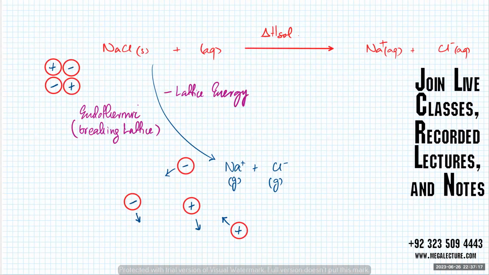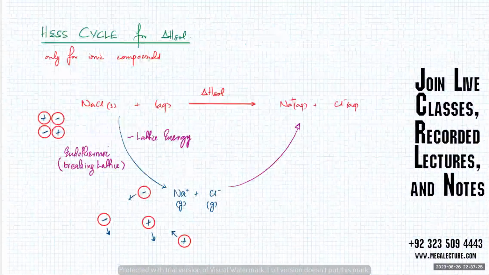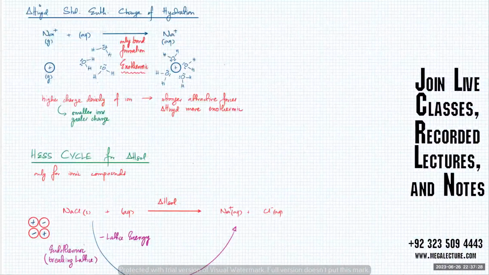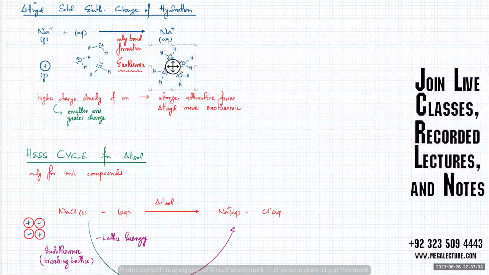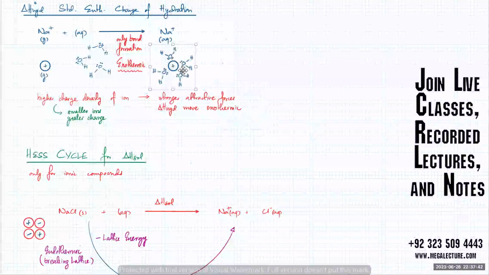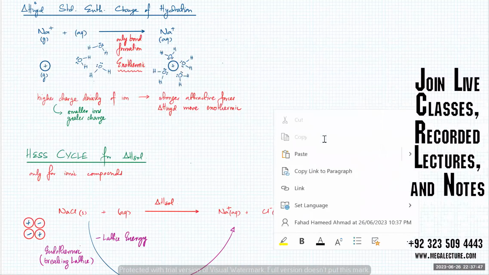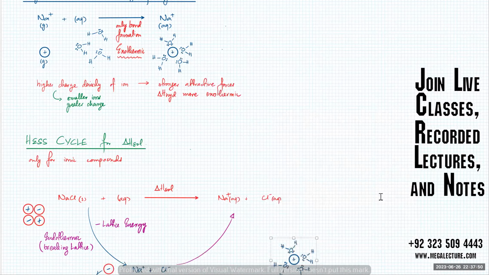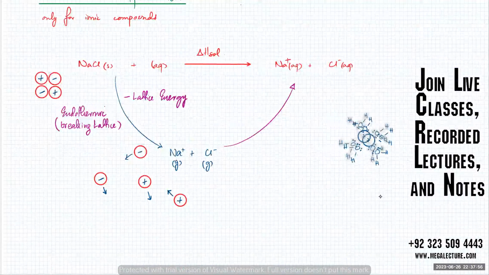And then you have these gaseous ions. You take these gaseous ions and you turn them into aqueous ions, which I did show you over here. What you're going to do is, when you stir, you break the lattice by stirring, and as soon as your lattice gets broken, it gets surrounded by water molecules.